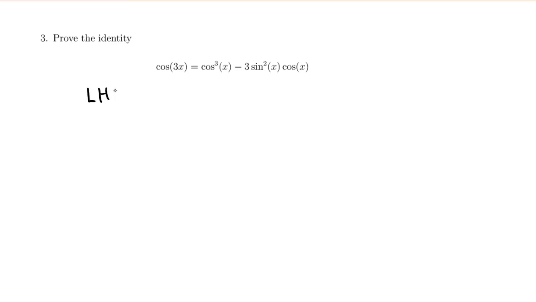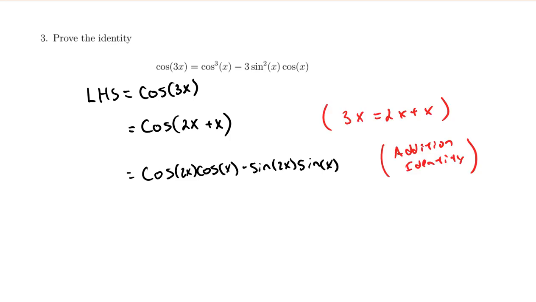So I could start out with my left-hand side here of cosine of 3x. And a very common trick that I require my students to use is to break up 3x as 2x plus x, because this is going to allow you to use your addition formula. So I've done that here.